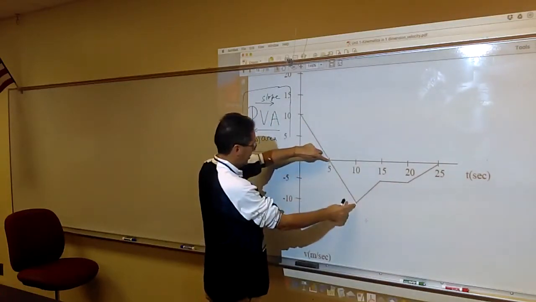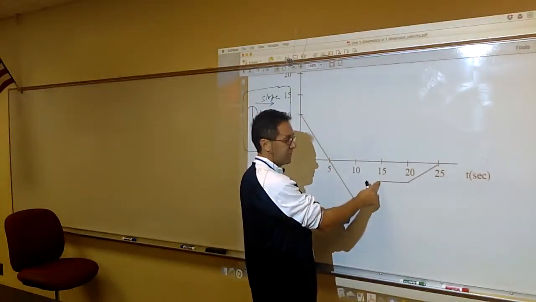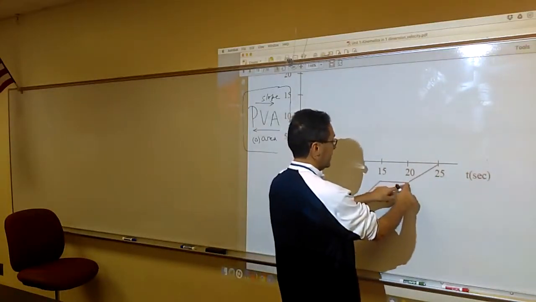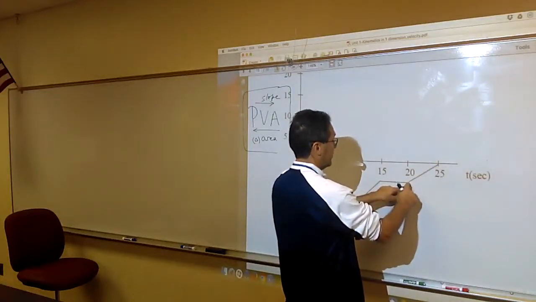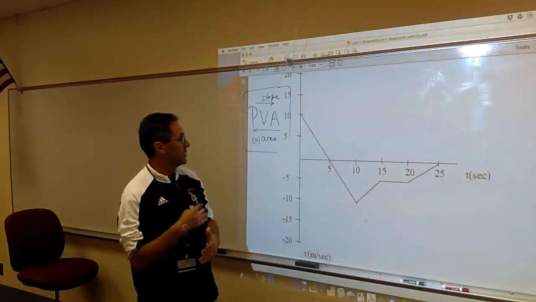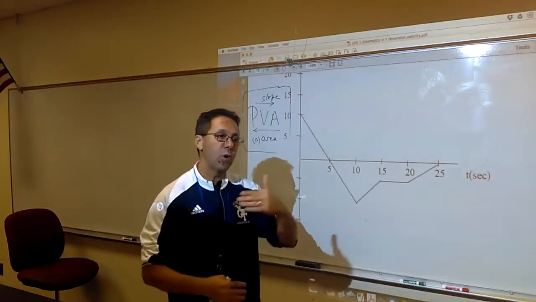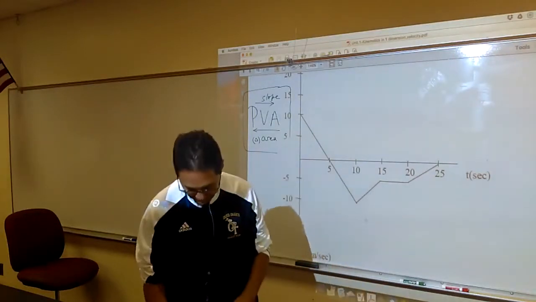Speeding up here because you're going from 0 to 10. Slowing down here because you're going from 10 to 5. Constant velocity here. And you're slowing down here because you're going from 5 to 0. So each time you're approaching the time axis in a velocity time graph, you're slowing down. Each time you're going away from it, you're speeding up.